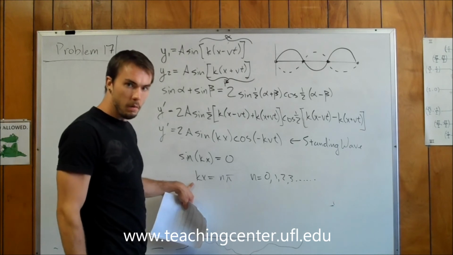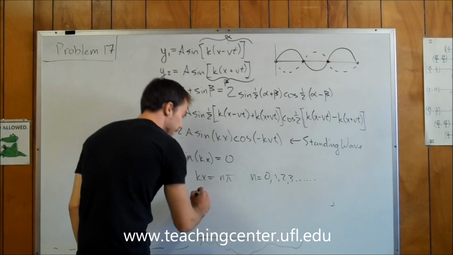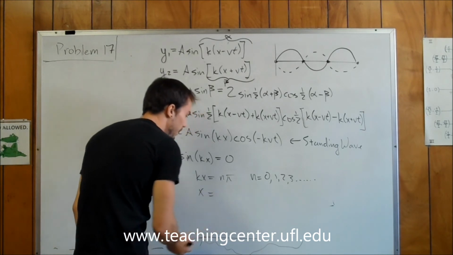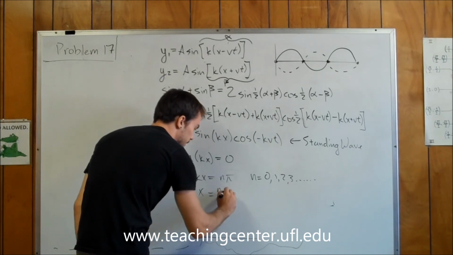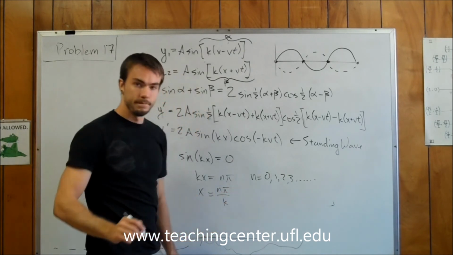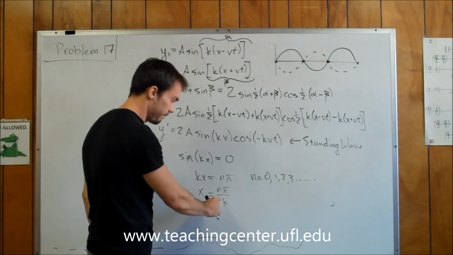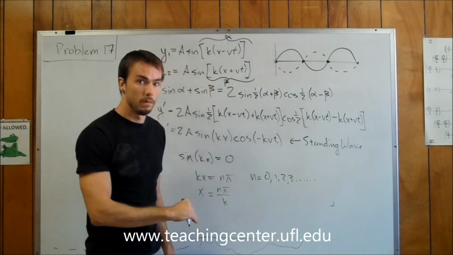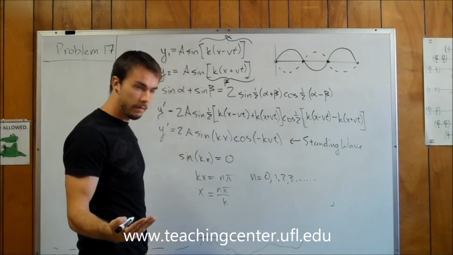Once you get to this point, you're almost done, because now we can say x is equal to n pi over k. That's our formula, where n is still 0, 1, 2, 3, or whatever. And that'll give us our location.